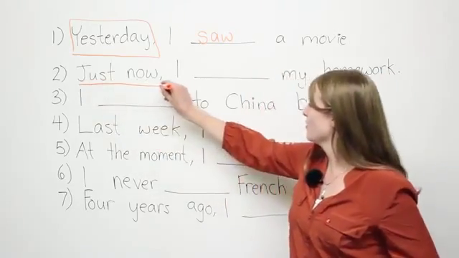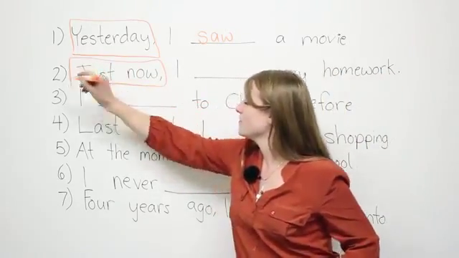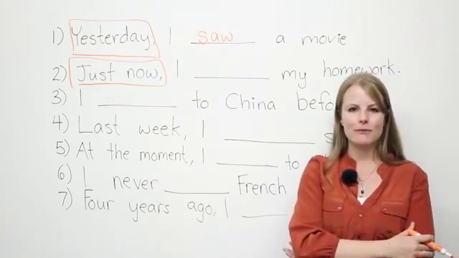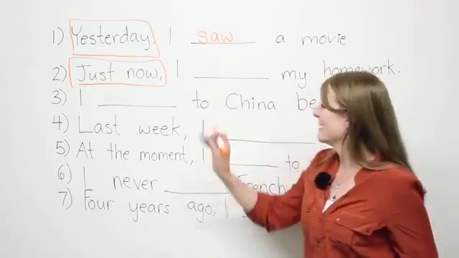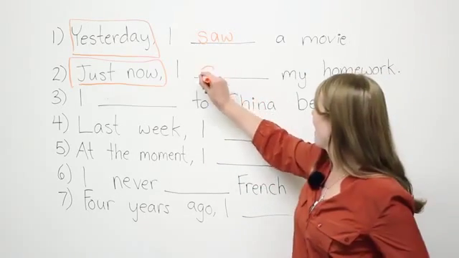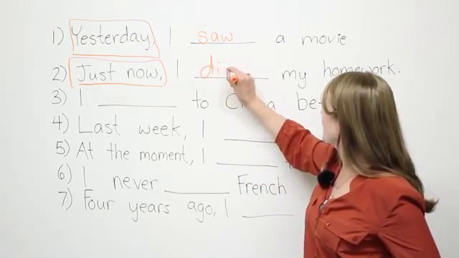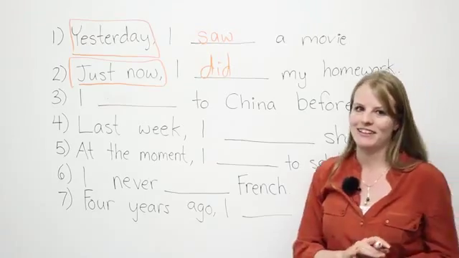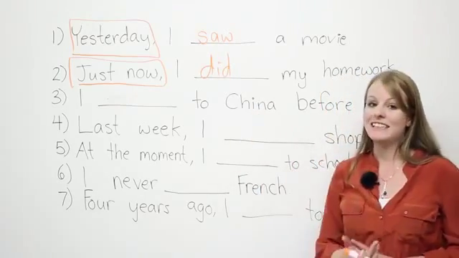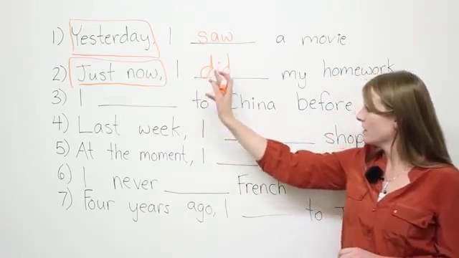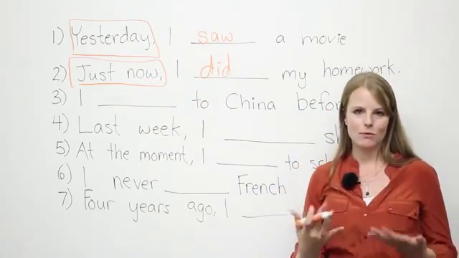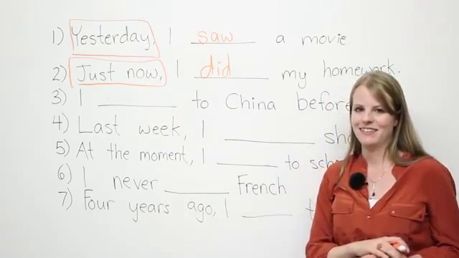Here is our clue, just now. Was this one of the words you saw before? It was. So what does that mean? Just now I did. Sorry about my writing. Just now I did my homework. So again, because we see this, we know what form the verb should take.